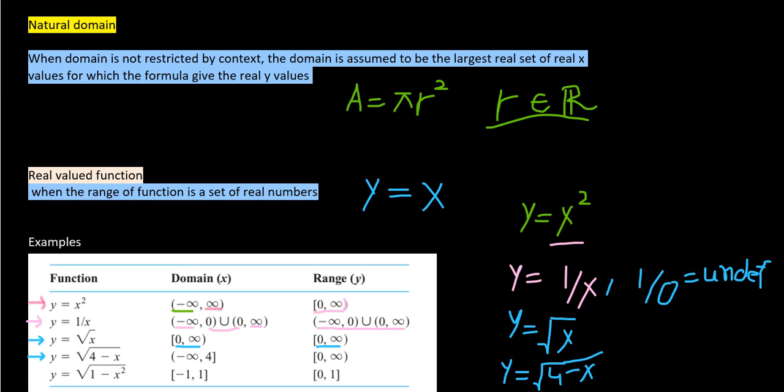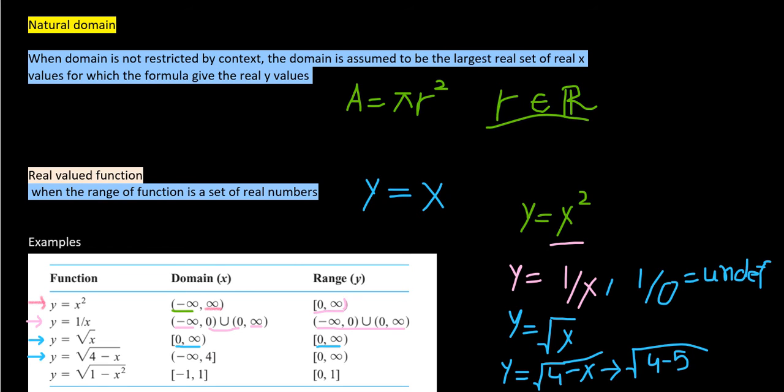And you know that if we put any value greater than 4, we will get a negative value inside the square root, and it doesn't satisfy the condition of the square root. Suppose I am doing it for you, I am taking 4 minus 5.